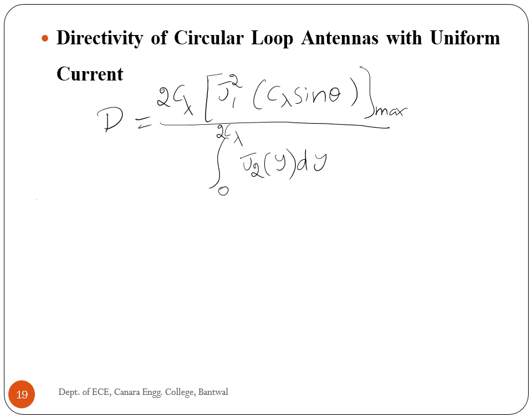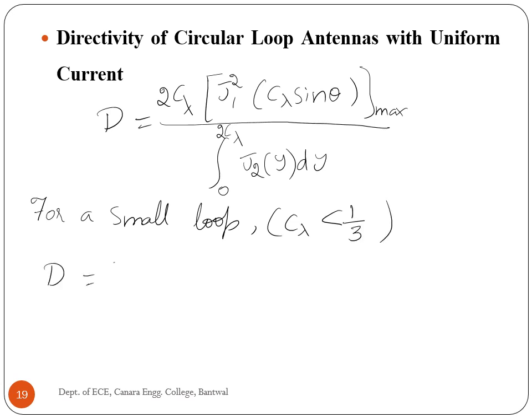For a small loop, that is C lambda is less than 1 by 3, then directivity is equal to 3 by 2. The value of 3 by 2 is the same as for a short dipole.